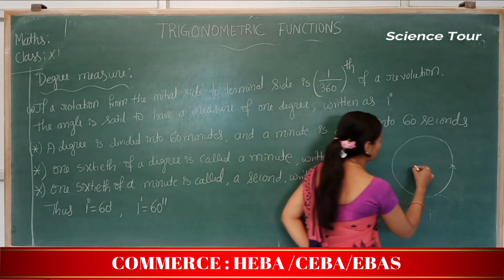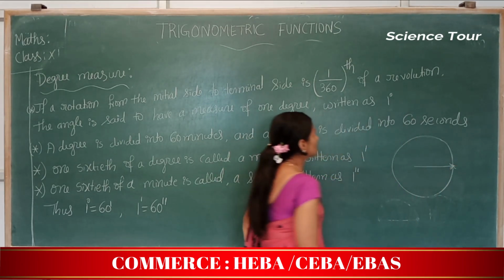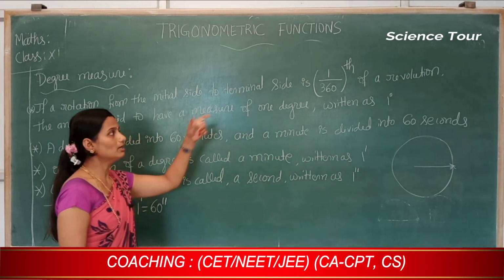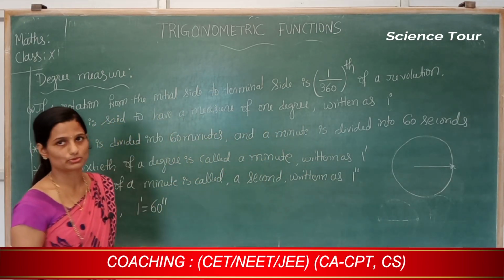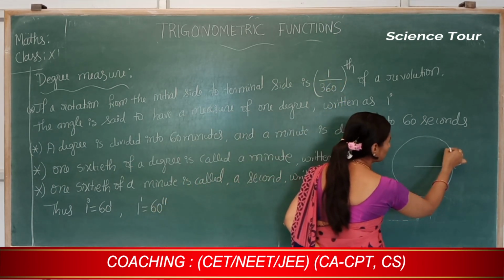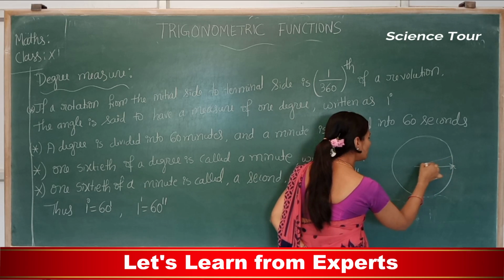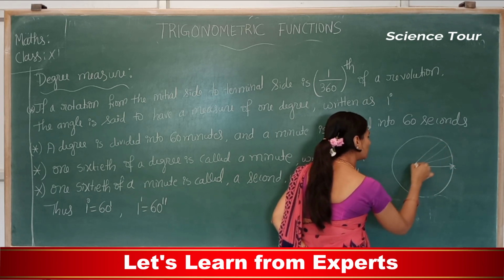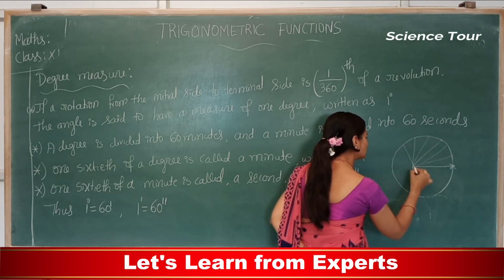So your initial position is this one. Now it is called 1/360th of a revolution. Out of 360, how many total parts? Total part is 360. So this is 1, this is 2, 3, 4, 5, 6, 7.